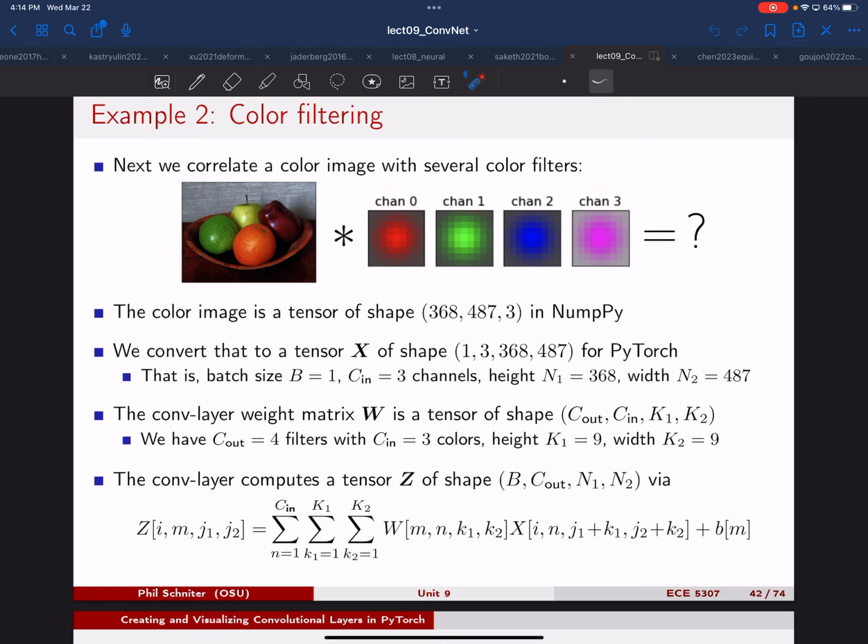But the way we can think about our kernel, if you want, is we can think about each one of these as really having RGB grayscale filters that correspond to red, right? Because in red, green, blue, red is just the first channel.